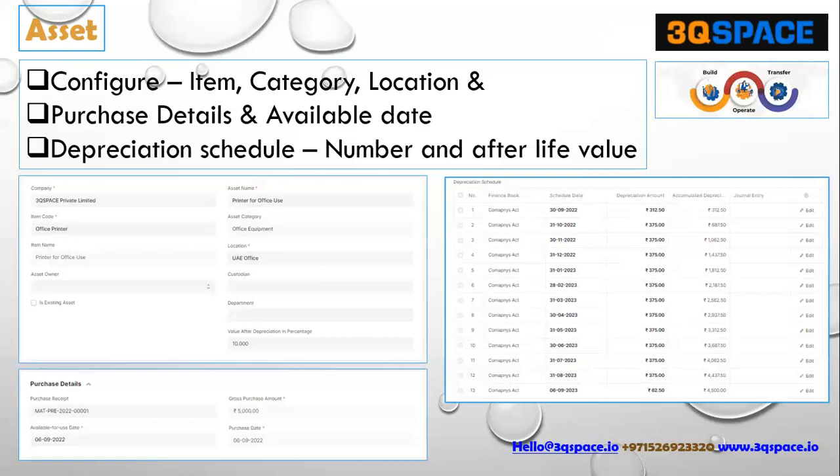Once we create and provide these details in the asset creation, the system automatically, based on the configuration of the depreciation details, such as the depreciation method and the frequency, etc., creates a schedule table when all the depreciation will be triggered in the system.